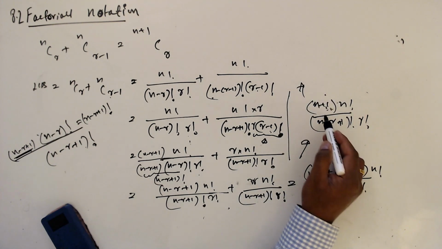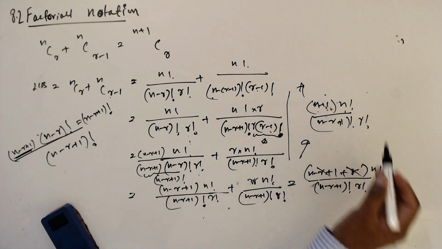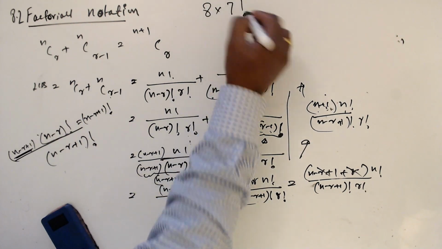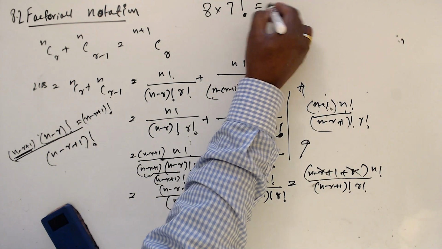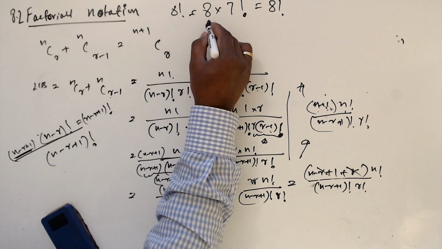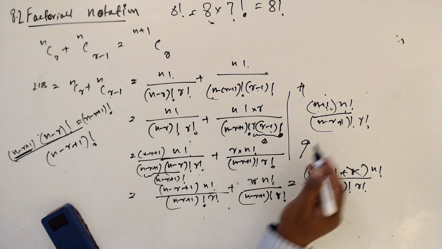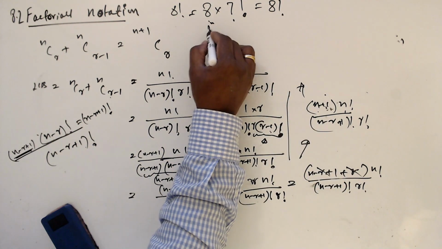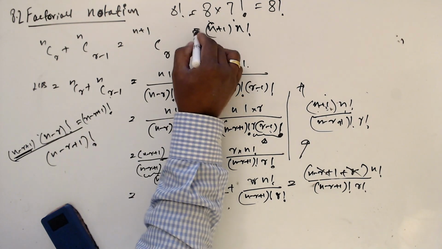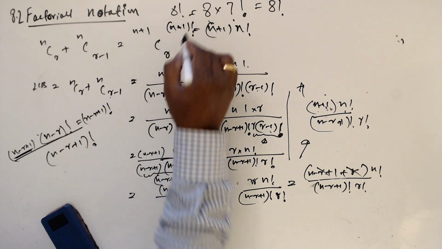Going up, n plus 1 times n factorial. Say 8 times 7 factorial is what? Factorial 8. That's how you write 8 times 7 factorial. Likewise, n plus 1 times factorial n you can write as (n plus 1) factorial.